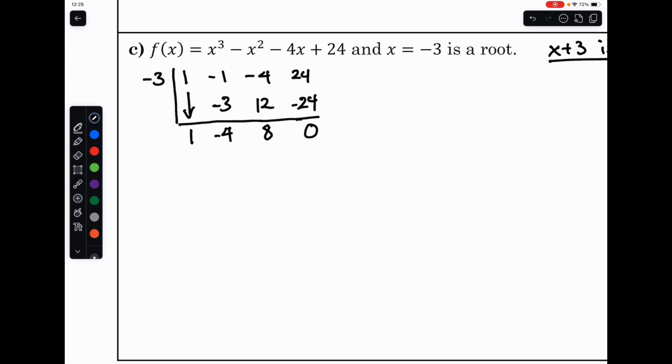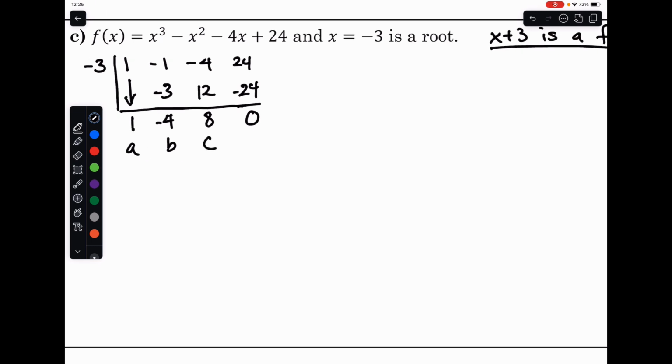Again, this is probably not factorable. Like I told you, not probably. This is not factorable. So we're going to just jump straight into the quadratic formula. So I'm going to label this as A, B, and C, and do that again over here.